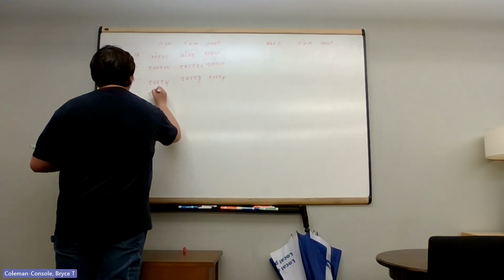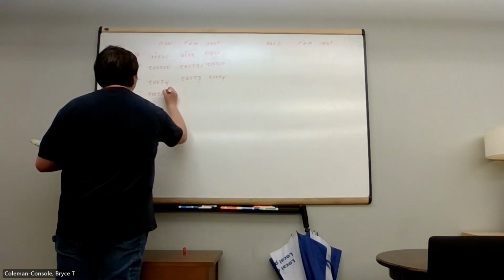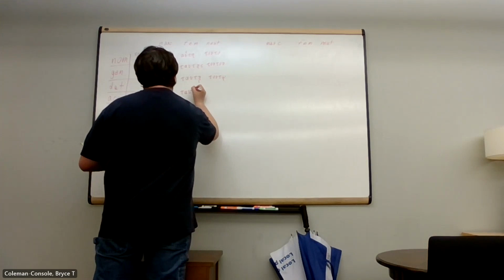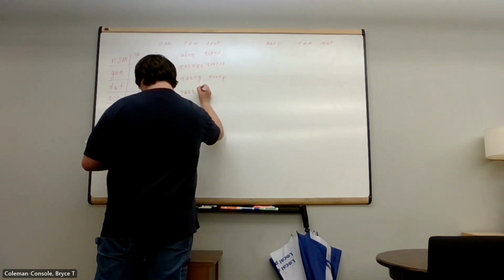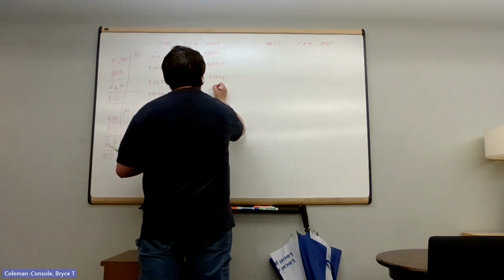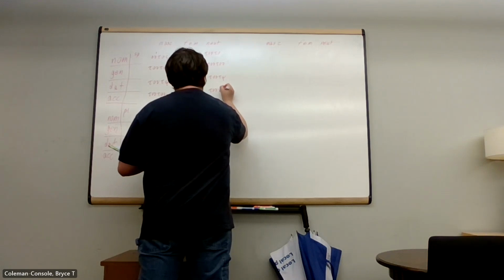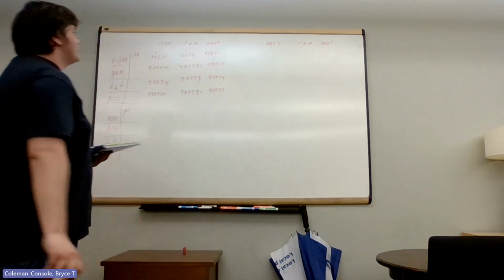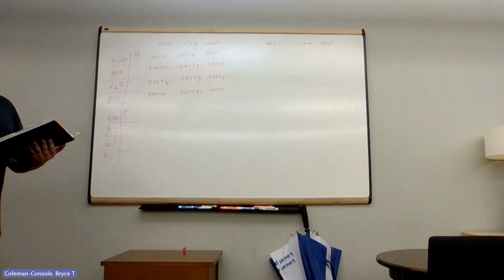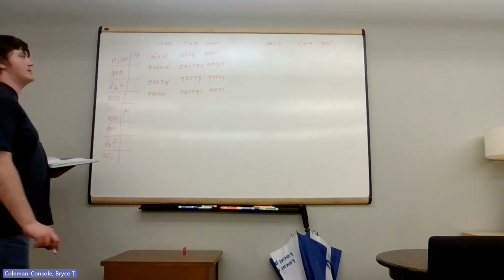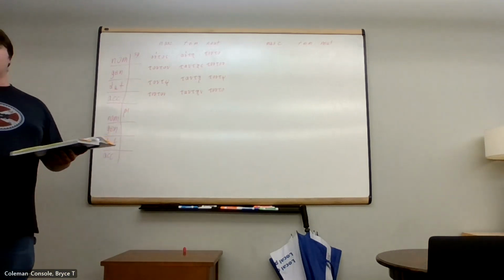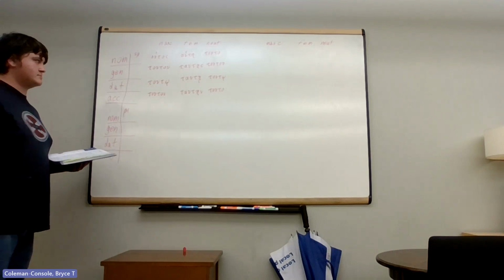Then we have toutō, tautē, and toutō. Then we have touton, tautēn, and touto. So notice here, this doesn't really have the ending. That's the weird thing about houtos and the neuter, is that the nominative and accusative singular do not have the ending. They're just an omicron at the end.